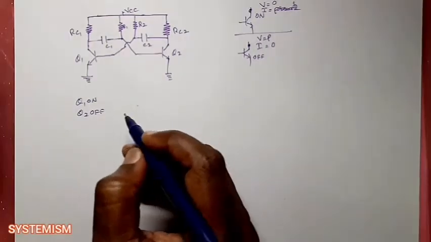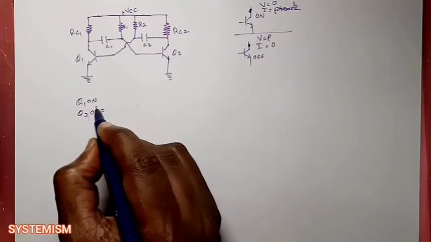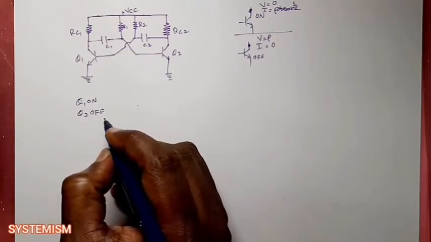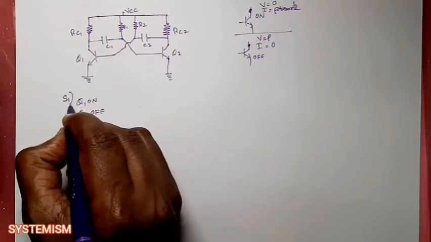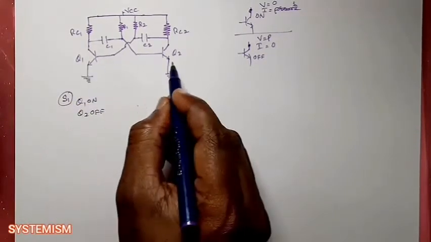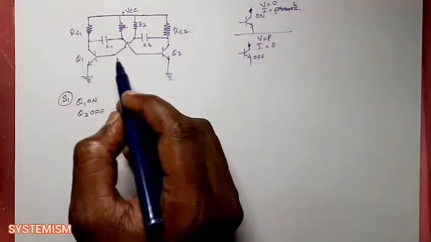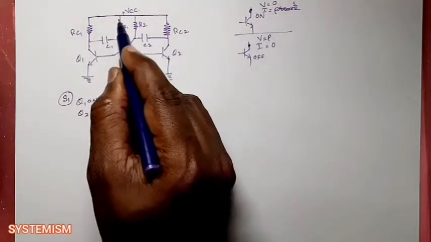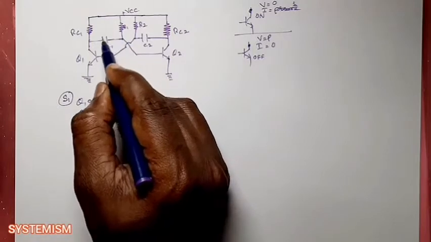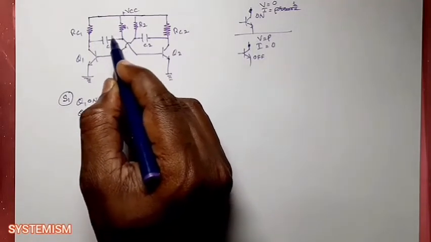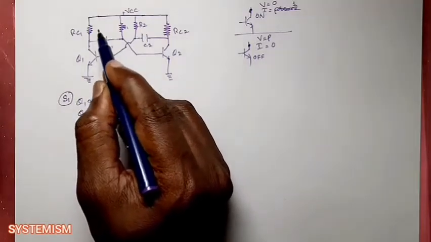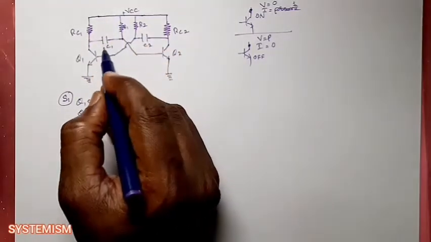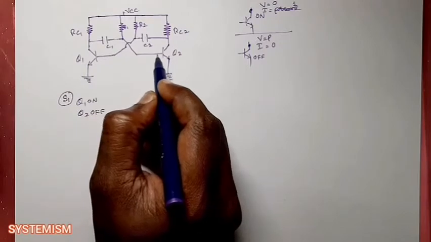Okay, the first state, state 1, is Q1 on and Q2 off. So now this one is on and this one is off. So what happens at that time, the capacitor C1 will start charging through this R1. See, this capacitor is connected to the base of the transistor Q2.